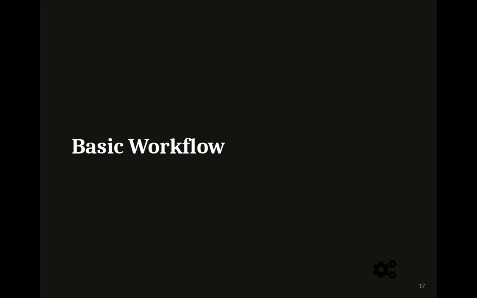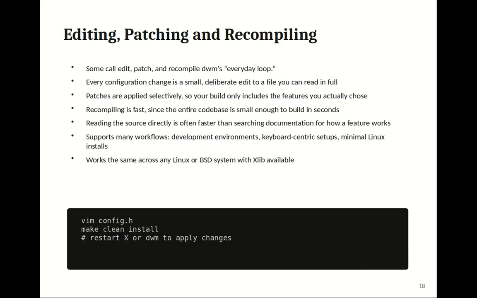Basic workflow, editing, patching, and recompiling. Some call edit, patch, and recompile DWM's everyday loop. Every configuration change is a small, deliberate edit to a file you can read in full. Patches are applied selectively, so your build only includes the features you actually choose.